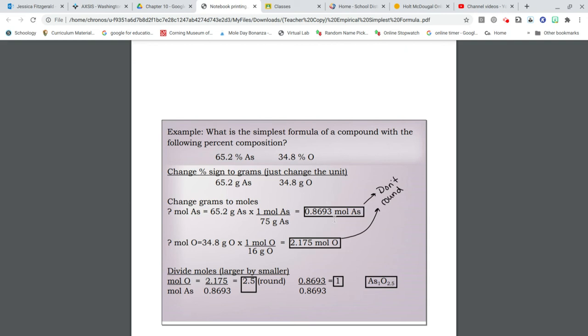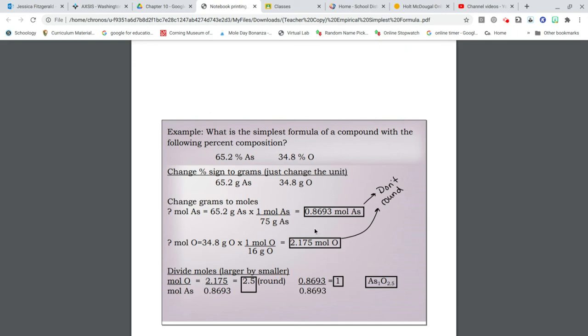Do not round your number of moles. Try to leave at least 4 or 5 numbers if possible. When you go to calculate your mass to moles in your next one, 34.8 times 1 divided by 16 gives you 2.175 moles of oxygen.